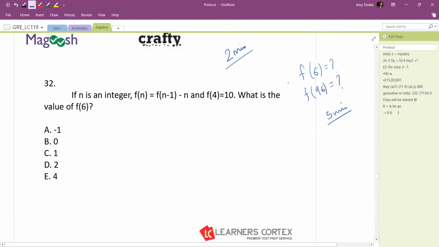Solve it. So totally you are having 7 minutes time. So we'll meet at 8 p.m., and then we'll start solving the questions.